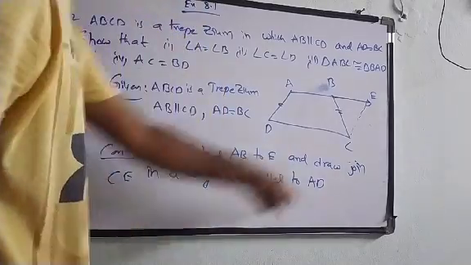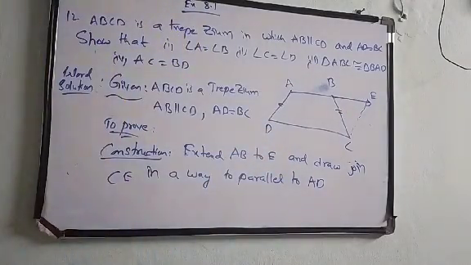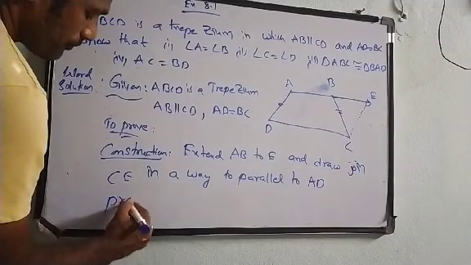So we need to join CE in such a way that it should be parallel to AD. So let us start doing the proof.